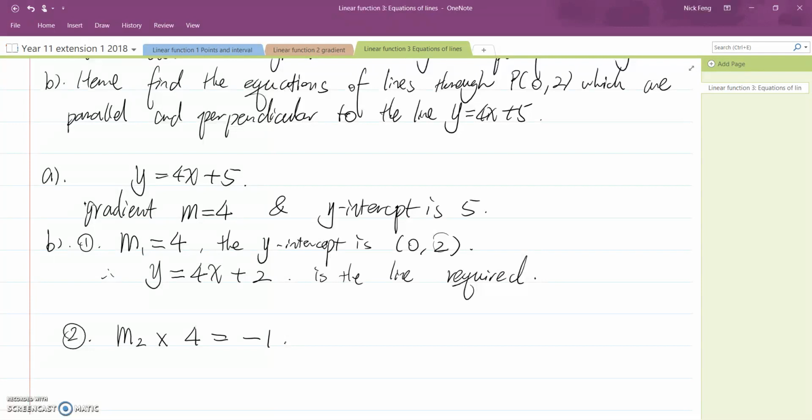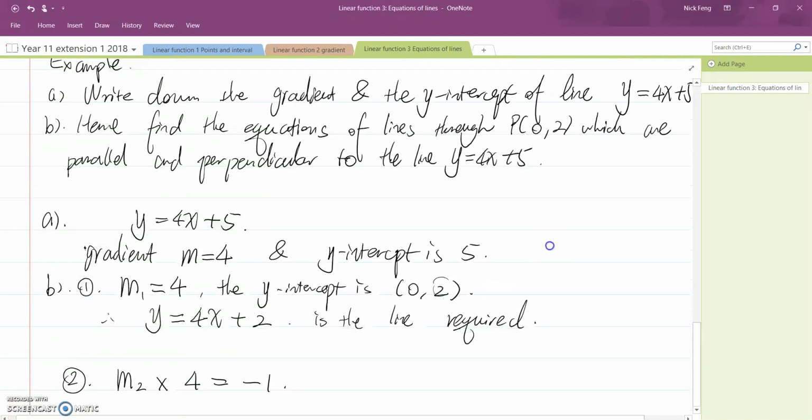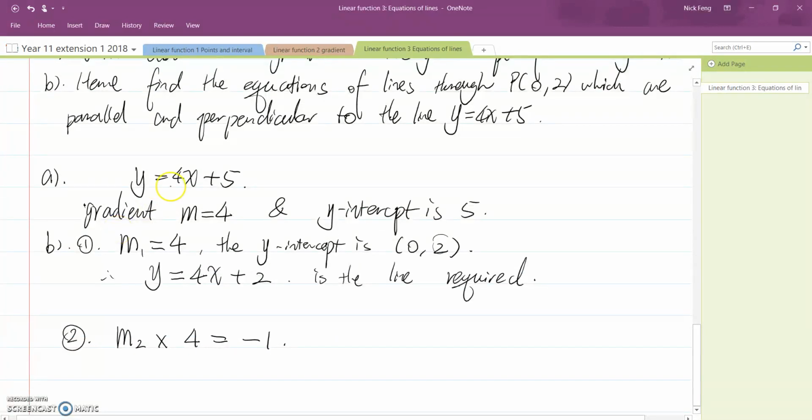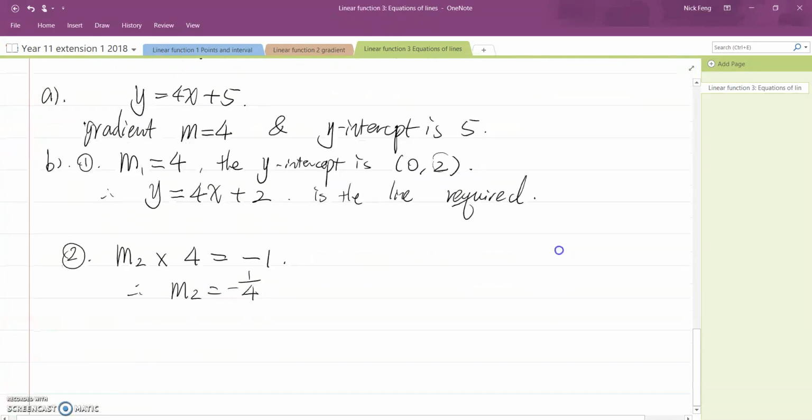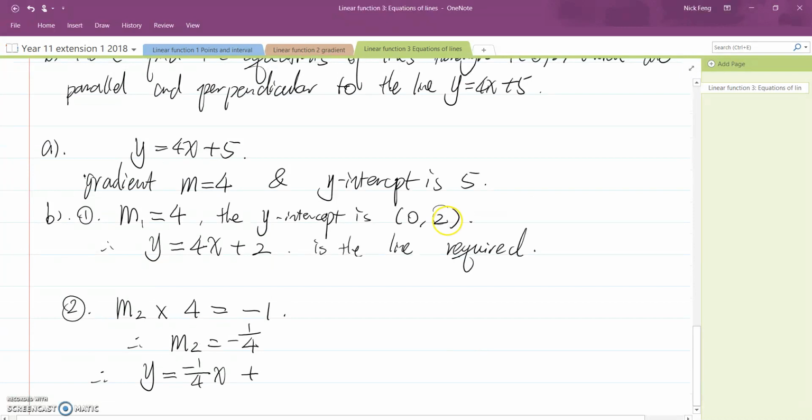So the line you're looking for has a gradient of m2, and the given gradient for 4x plus 5 is 4, which we have already found in the first part. Therefore, m2 is -1/4. So the line you're looking for is y equals -1/4 x plus the y-intercept, which is the same thing, 2. That is the line required.